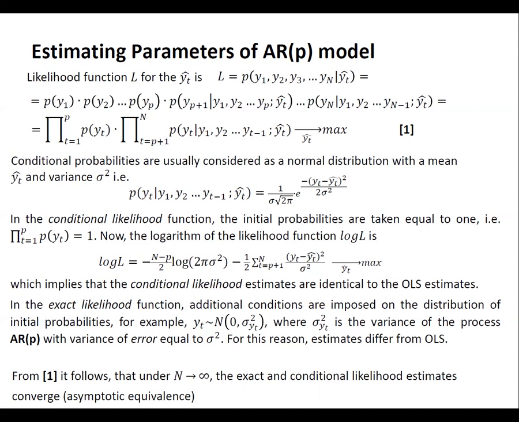This is the so-called asymptotic equivalence. Therefore, this terminology must be understood: how the likelihood function is constructed, how the conditional likelihood is estimated, how the exact likelihood function is estimated. For the autoregression model, we don't really need these functions because they give us the same result as least squares. But in the future, they will be very useful to us.